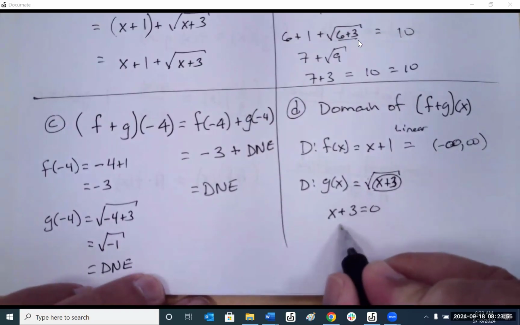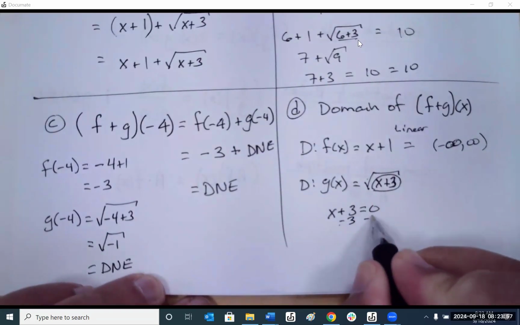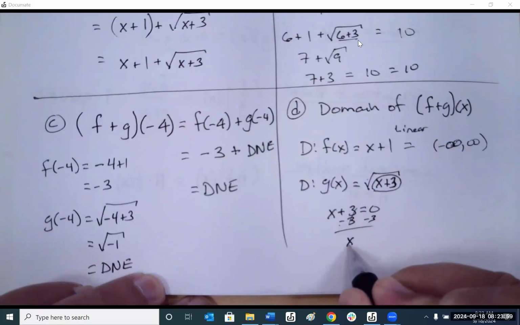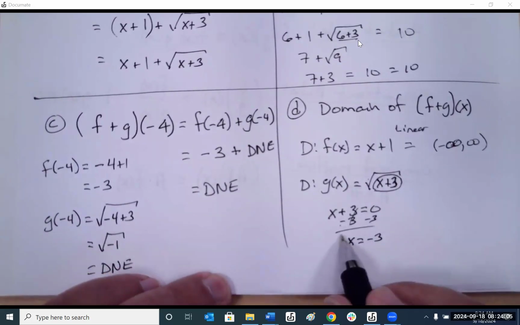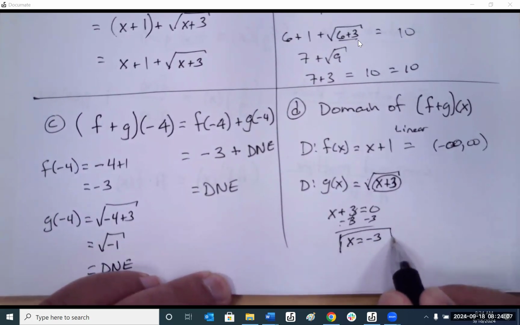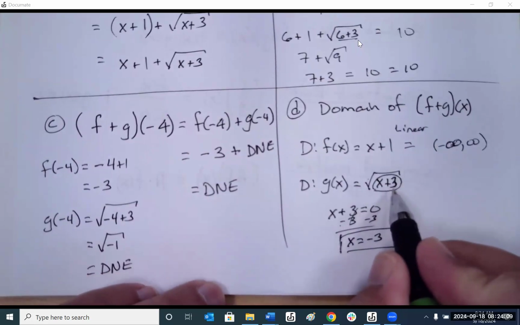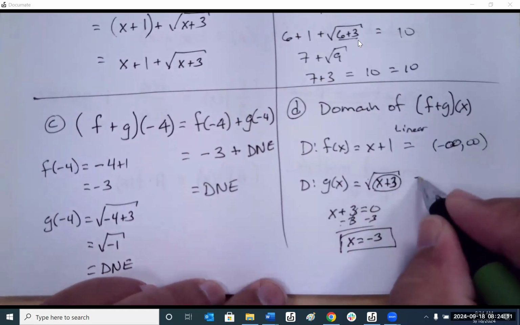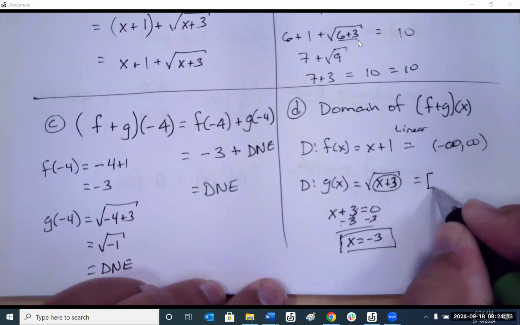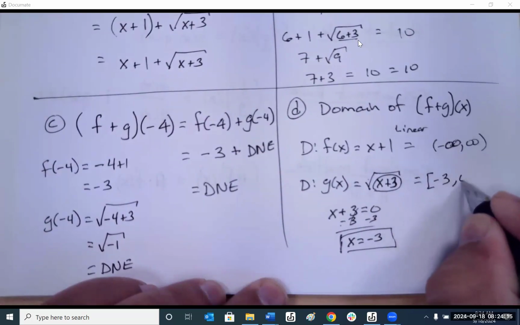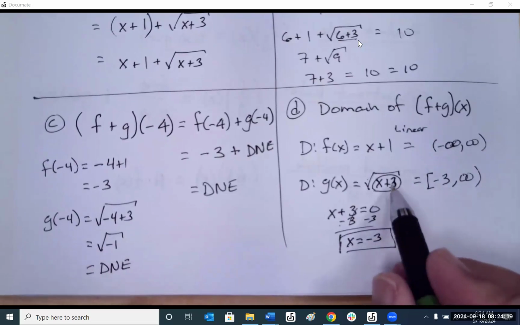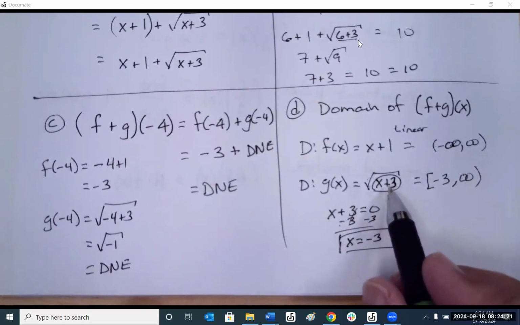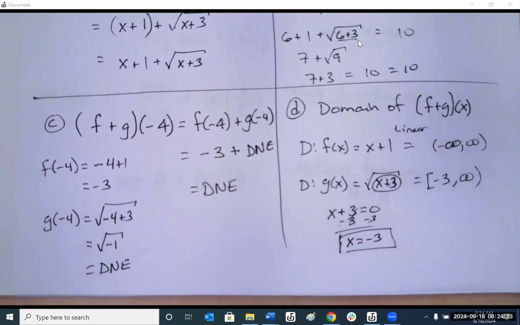So we solve for x. If x is -3, that makes it 0 inside there. So our domain is from -3 to infinity. I could put -3, I could put 0, I could put 5 in there. So it's from -3 to infinity.